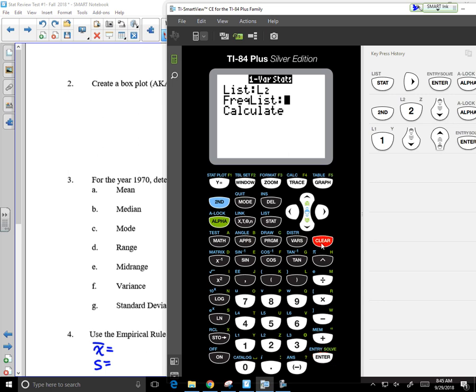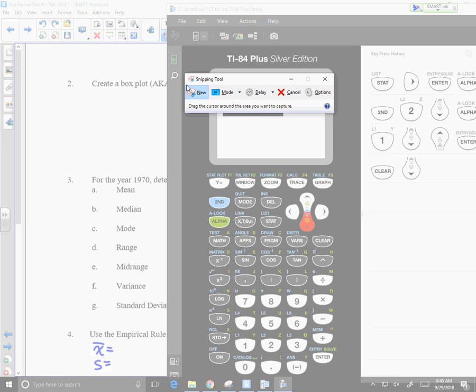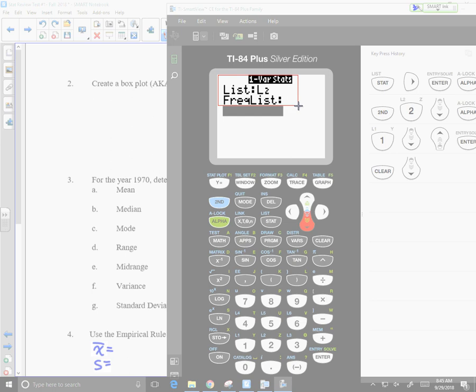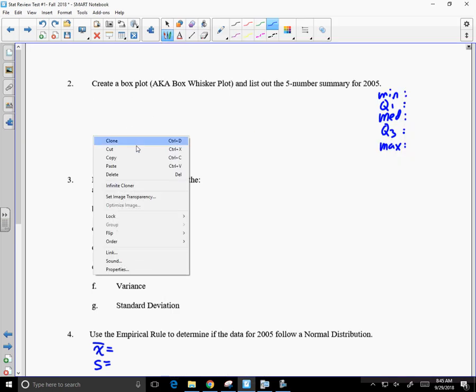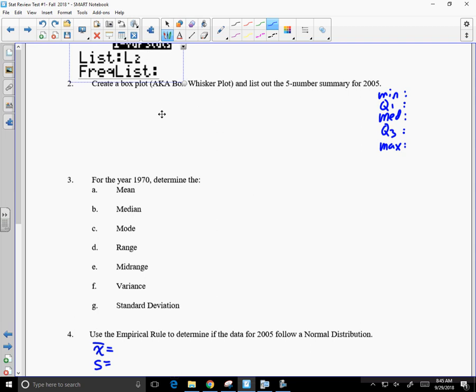Instead of hitting the number 1, just leave it clear, because apparently the number 1 is not a frequency list. And the calculator, for some reason, in this one moment, is deciding to be overly literal. All right, so I'll write that out again.